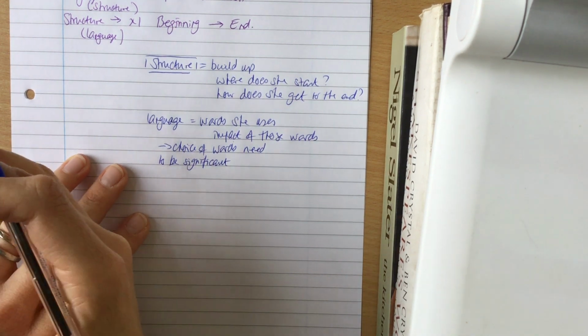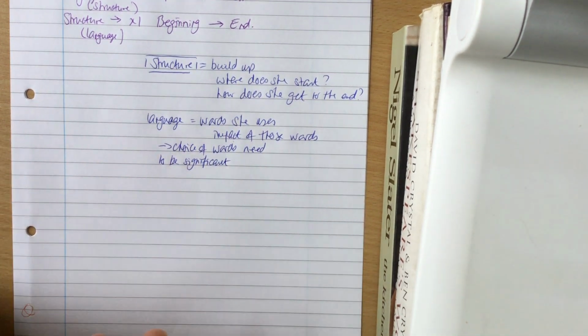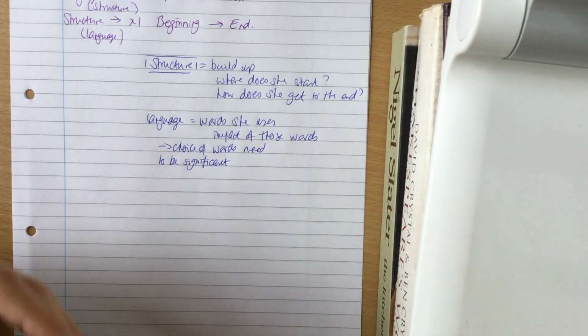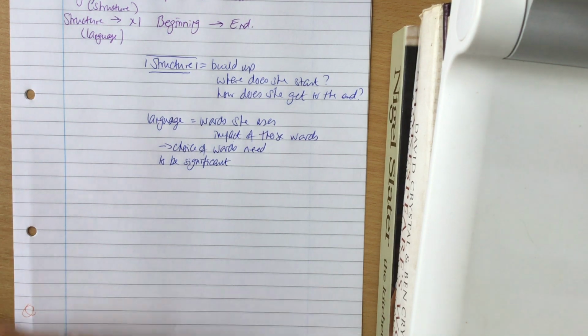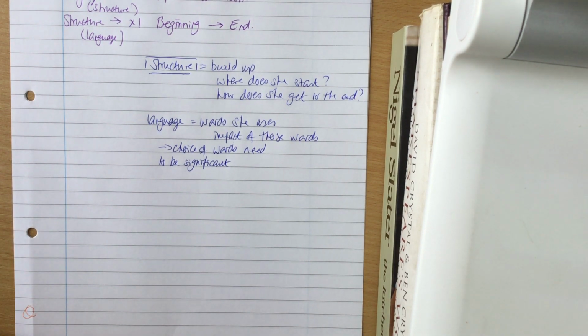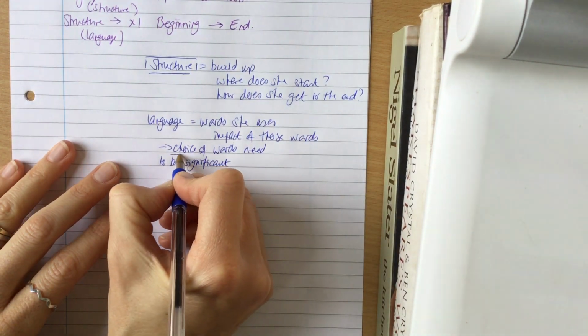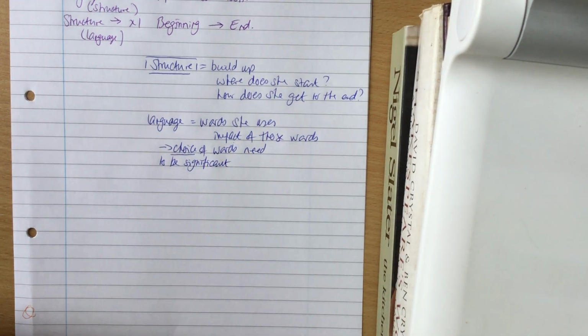If you have to choose something, choose something that you can actually say something about. Otherwise, you're going to sit there and either just go all the way through your answer, or not write anything. So the choice of the words needs to be significant, but you also need to be able to write about them. Your choice of words is going to make or break your answer.